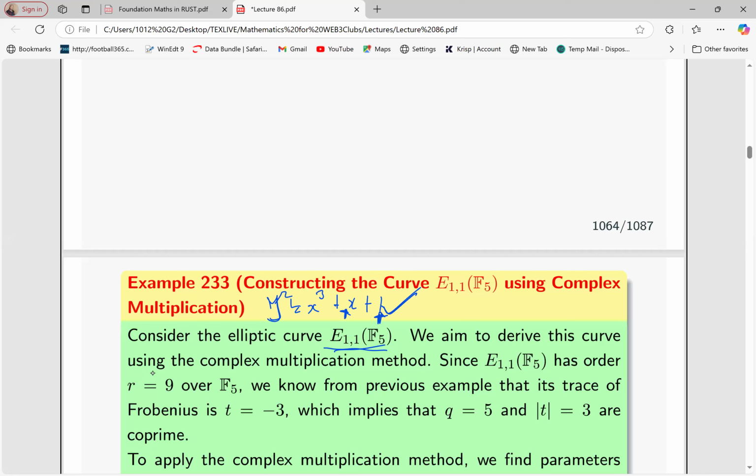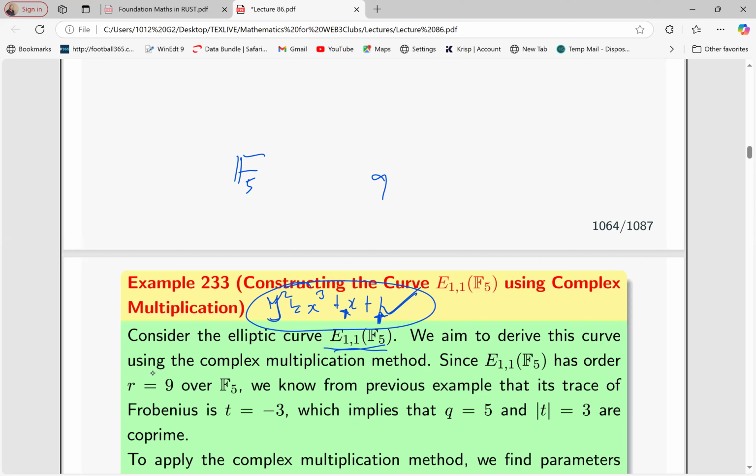But let's assume also that we know this elliptic curve has 9 points. And in our example, it has been done on the field F5. So we want to assume we don't know this equation, and we want to construct this elliptic curve. So what do we do in our first step?